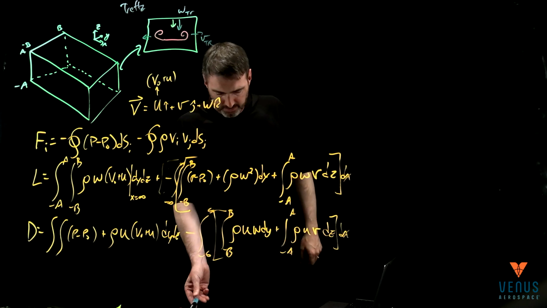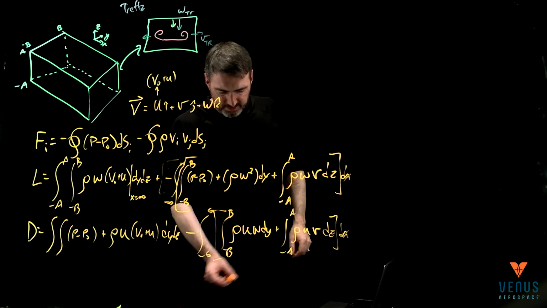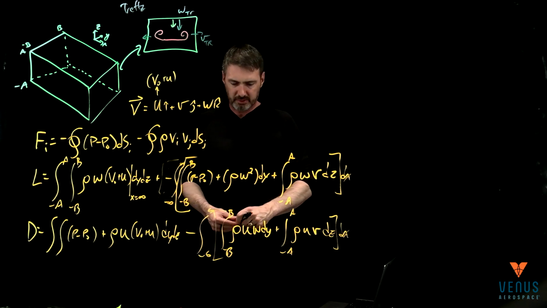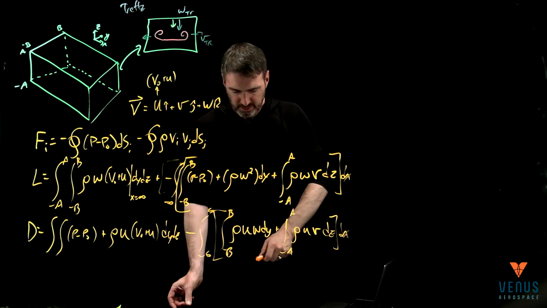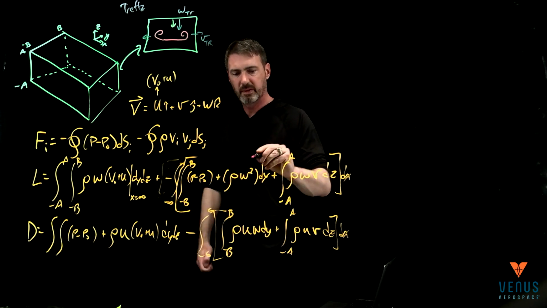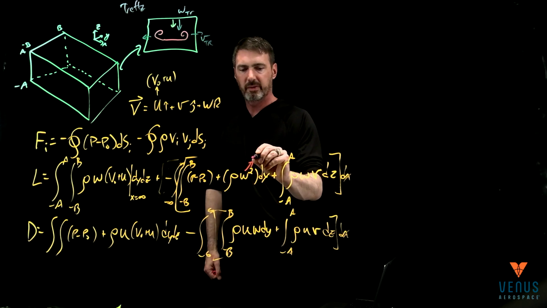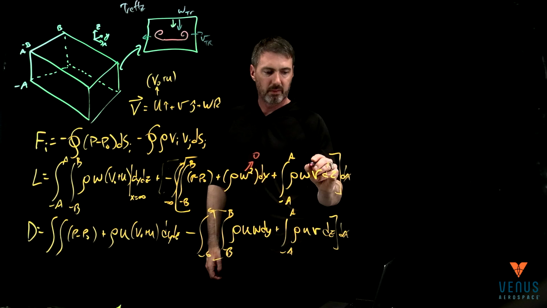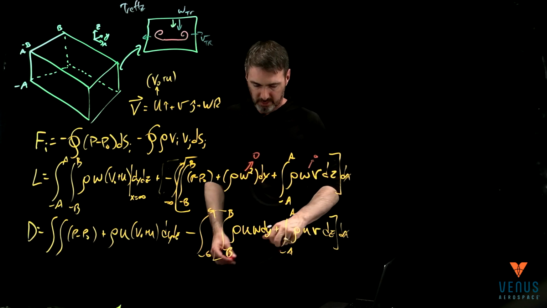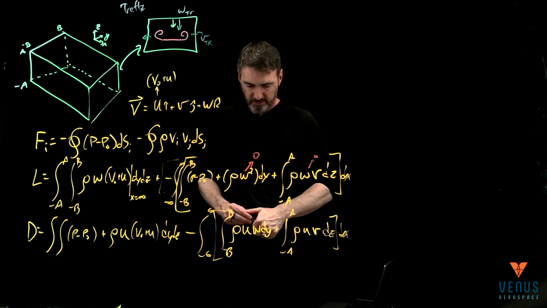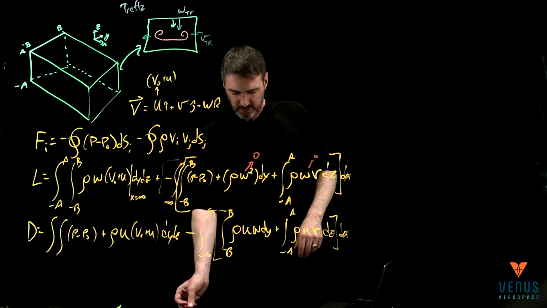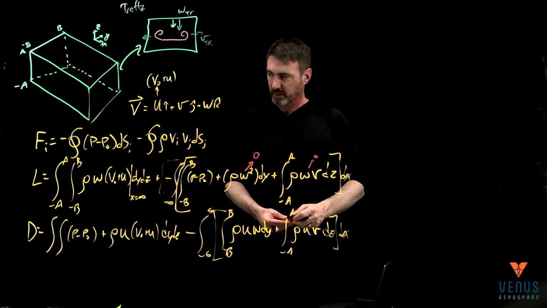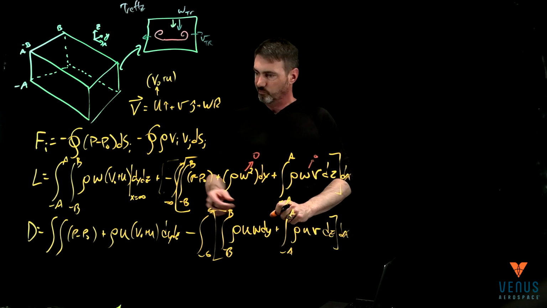Okay? And so with this, we're then going to take a look at a couple terms that we're going to declare as small, namely this term, w squared. We're going to say that is close to 0. And vw, we're going to say is close to 0. Okay? For small things. And so then we can finish the lift equation.